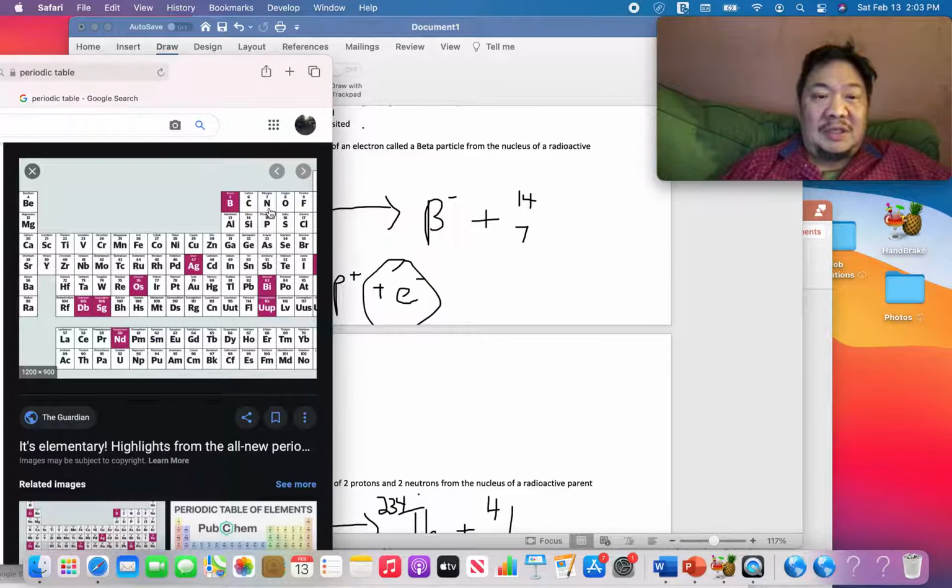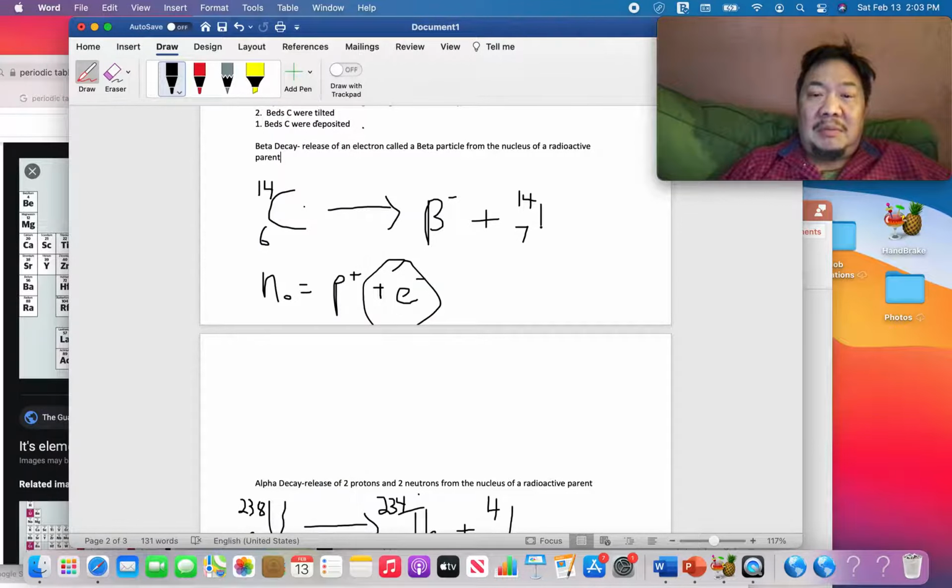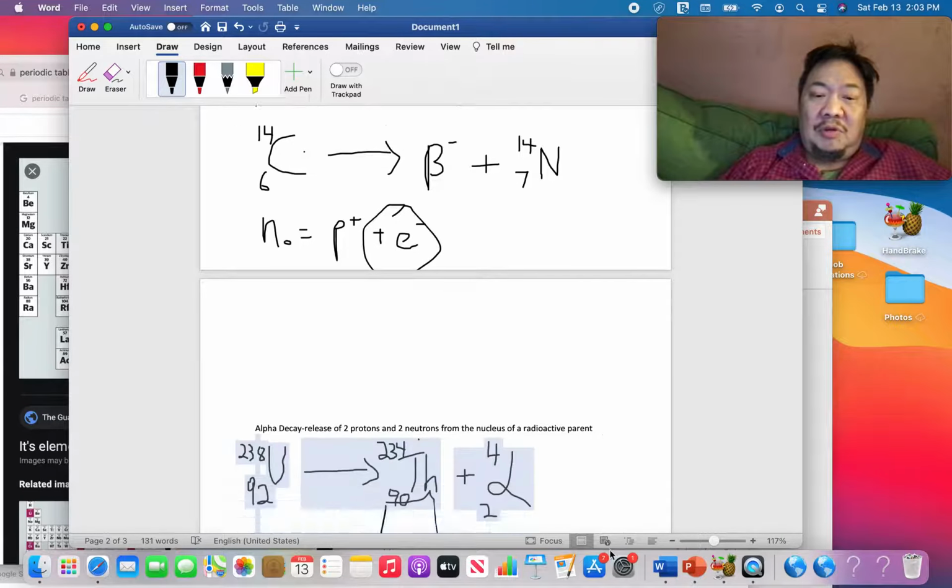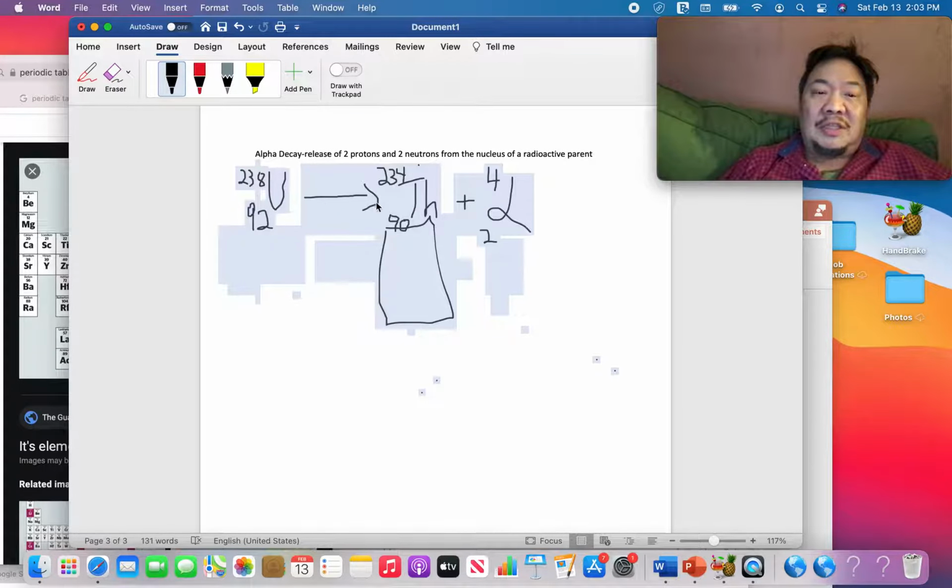And looking at this chart, 7 is nitrogen, N. Bottom line is beta decay is a type of radioactive isotope decay where the atomic number goes up by 1 and the atomic mass stays the same. Carbon-14 changes into nitrogen-14, its daughter, through beta decay. Uranium-238 changes into its daughter, thorium-234, through alpha decay.